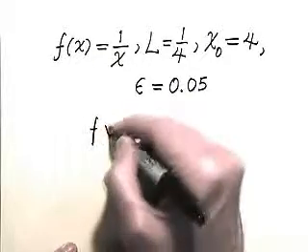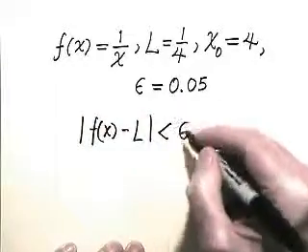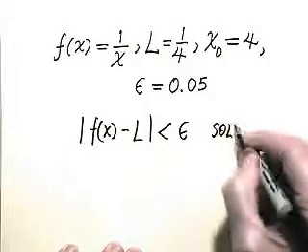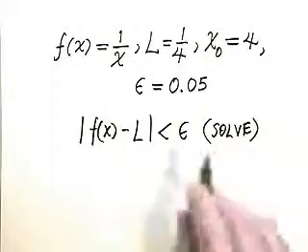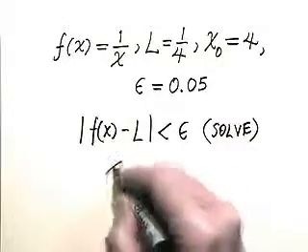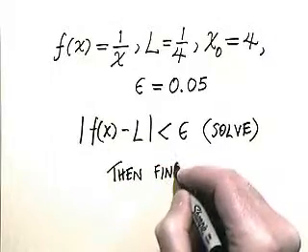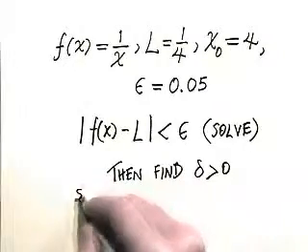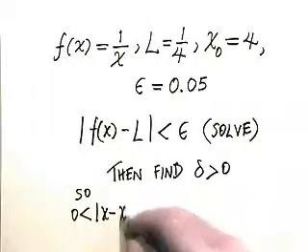And then once we've solved that inequality, we want to find the delta greater than 0 so that 0 less than absolute value of x minus x naught less than delta always implies that the absolute value of f of x minus L is less than epsilon.